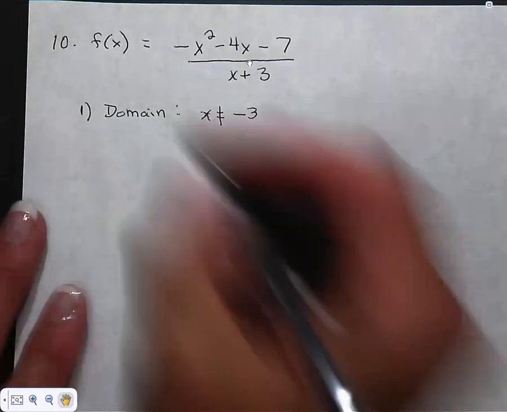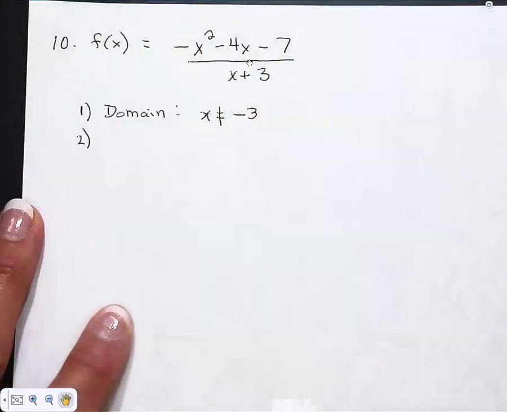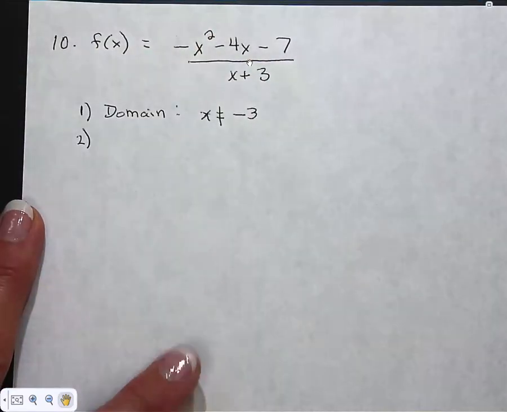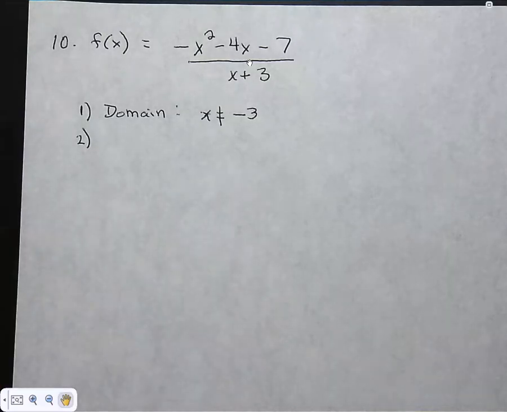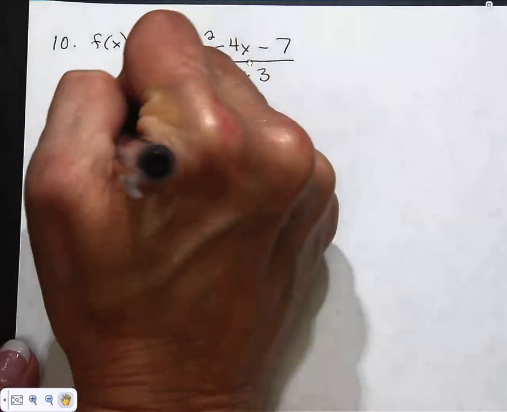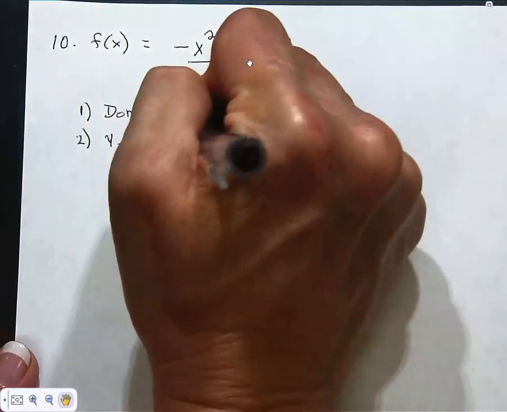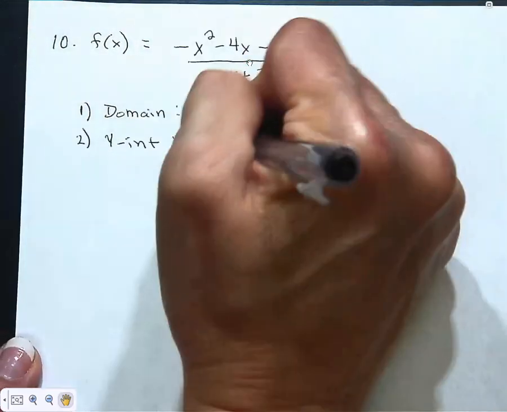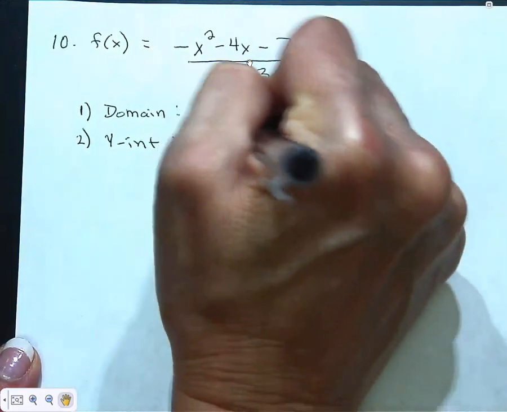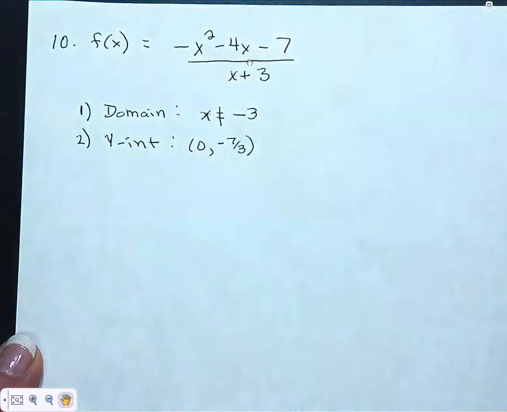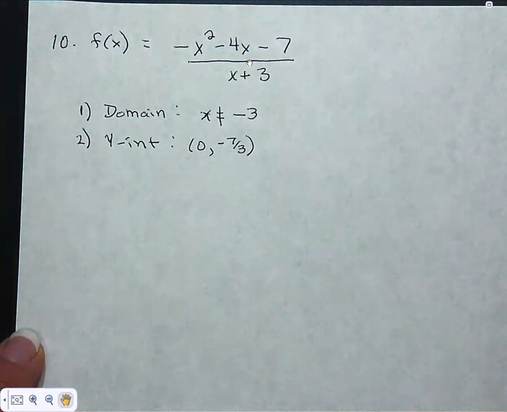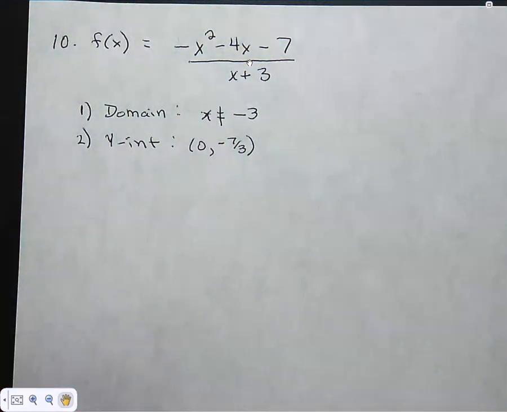All right, number 2. What about the intercepts? The y-intercept. How do you find it? Let x be 0. I can see that y would be -7/3. What about x-intercepts? You would have to use the quadratic formula.